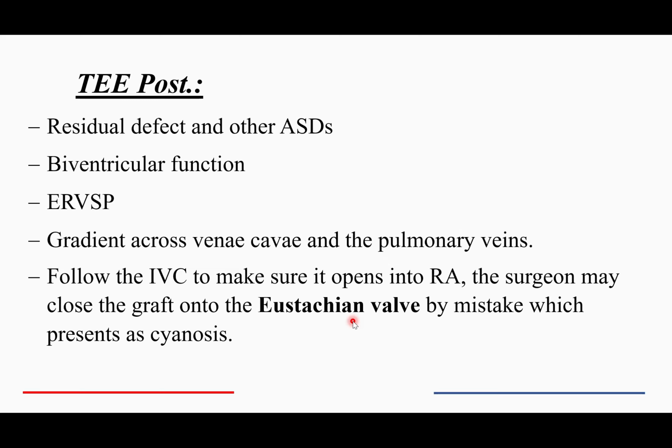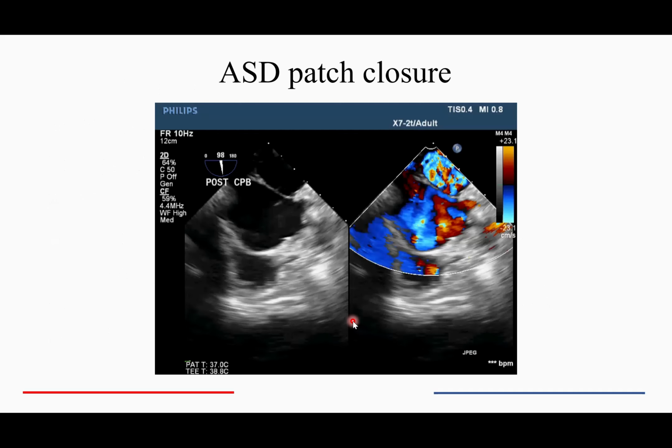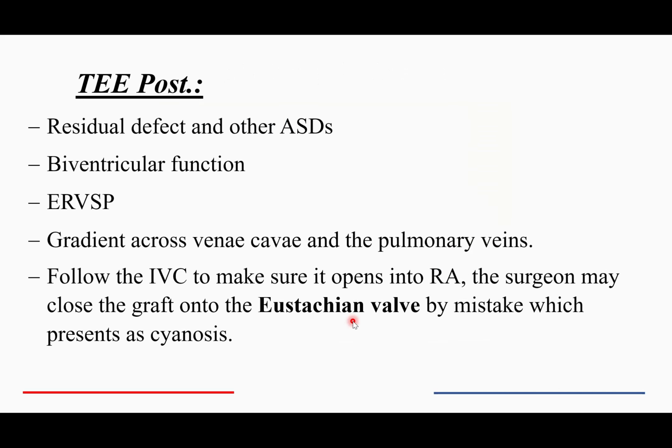That especially in large ASDs with small or deficient IVC rims, the surgeon may not detect, may not differentiate between the Eustachian valve and the IVC rim. So putting the patch, he may close the ASD or the SVC rim to the Eustachian valve and not to the IVC rim.